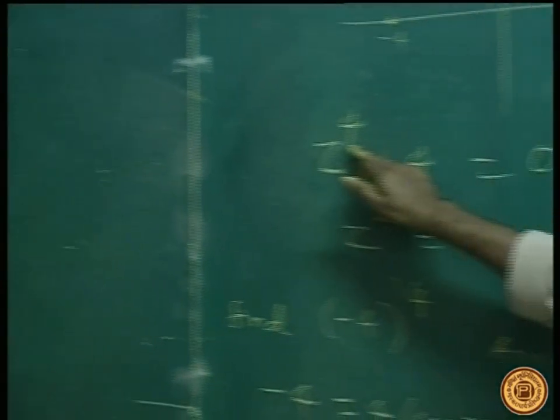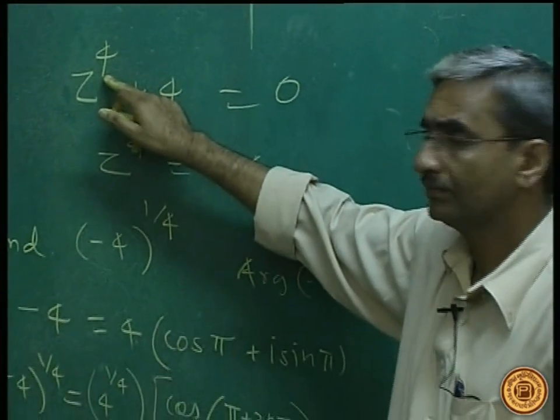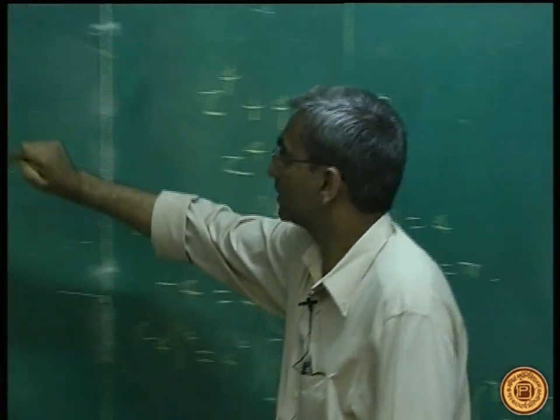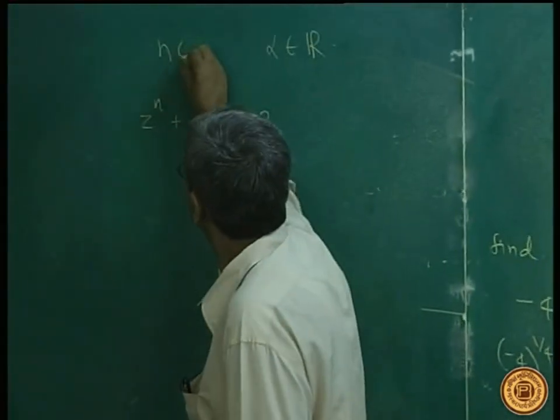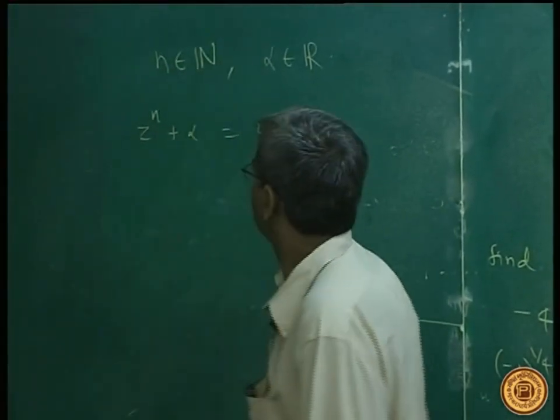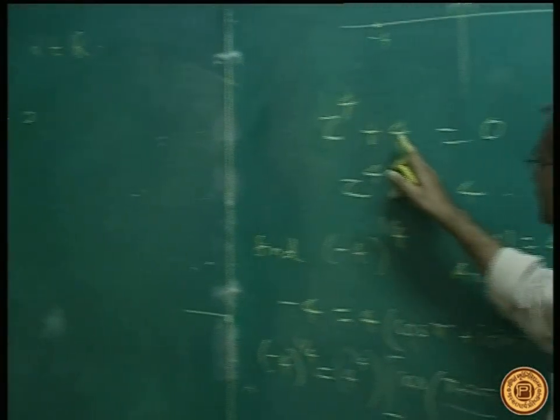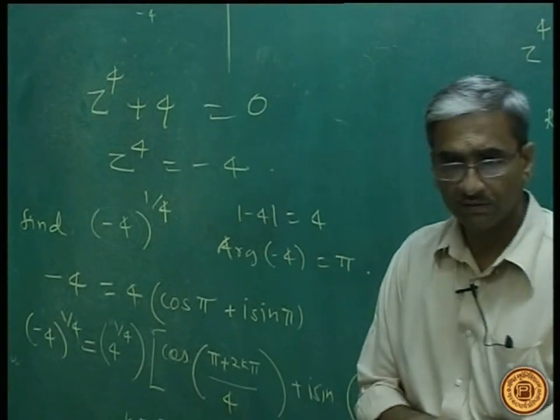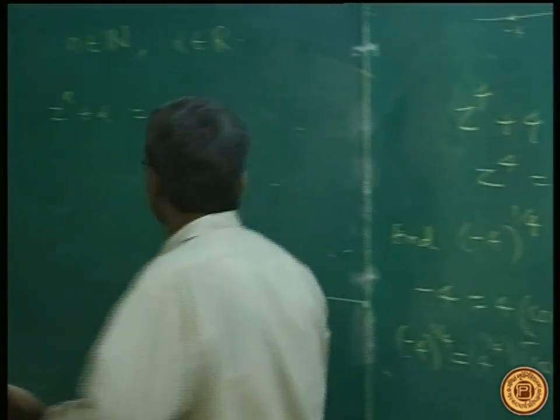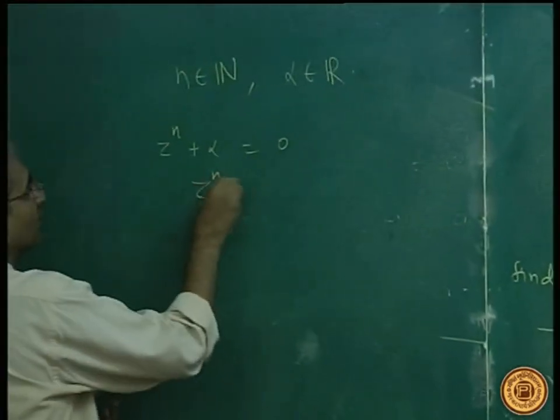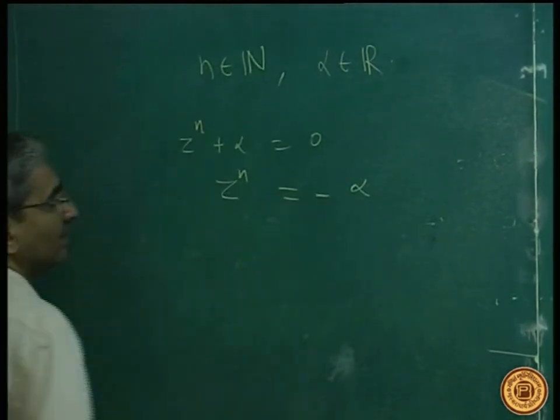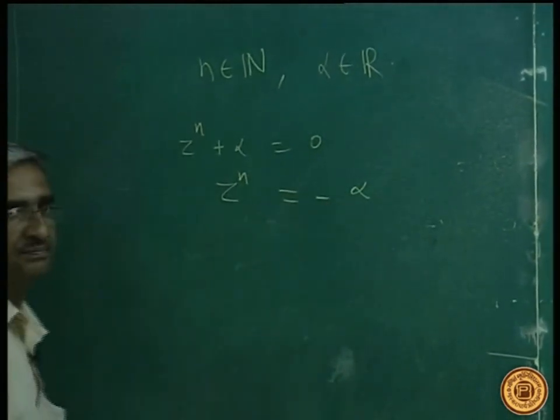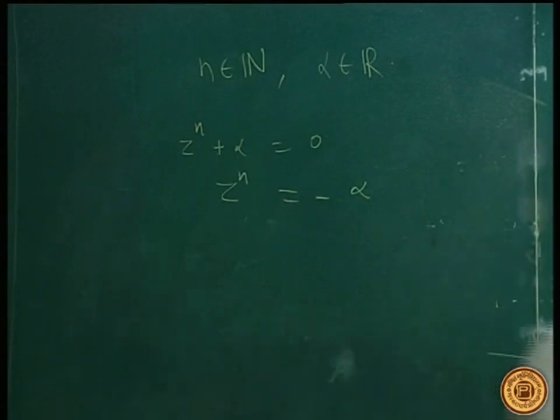It is just like this, but instead of 4, you have n, where n is any natural number. And instead of 4, you have alpha. So the method should be the same, that is you write z to the power n equals minus alpha. Now solving this equation amounts to what?